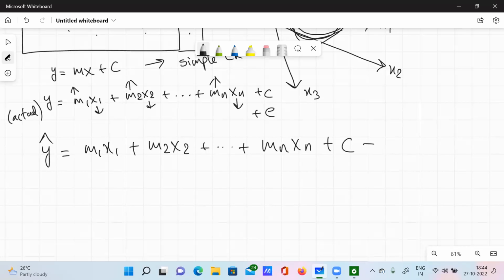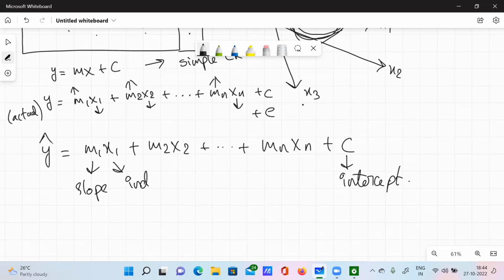Can't we write e here? No. Why? Because there will be no e here. E is nothing but the error, right? We only have the weights, that is the slopes, the independent variables, and finally the intercept here.